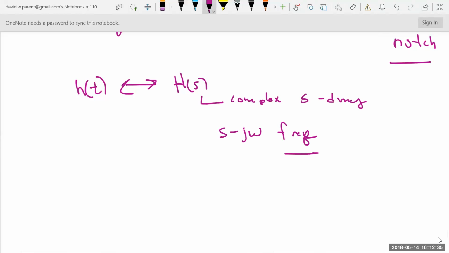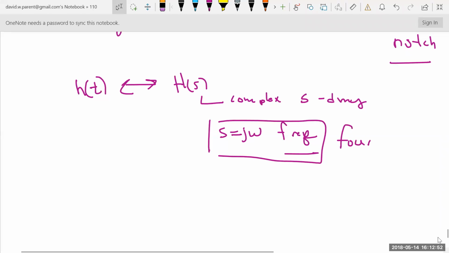But going back and forth and breaking signals up into simple things so that we can work on them in the Laplace transform, go back and forth. Now, yeah, this S equals j omega is the Fourier transform, right?